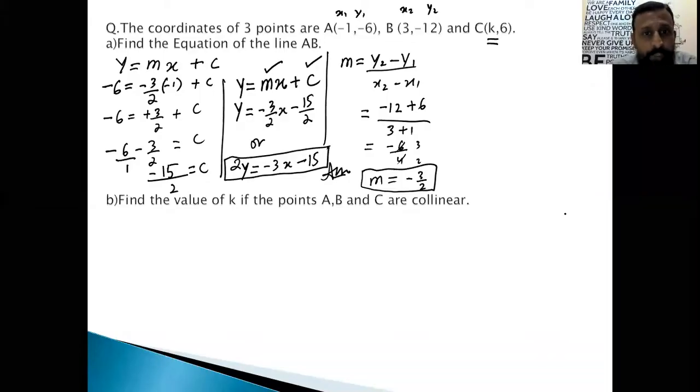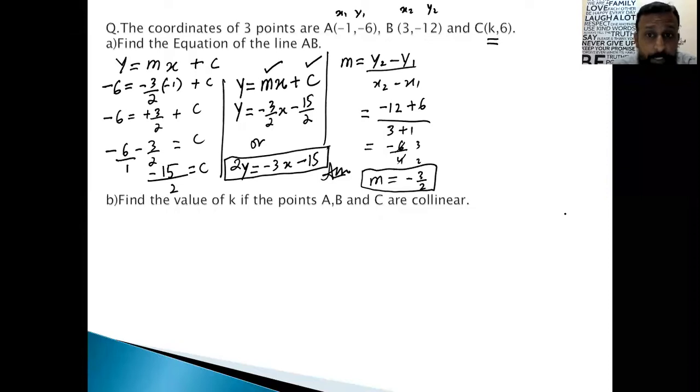So this is another part. Find the value of k if the points A, B, and C are collinear. Now remember, we spoke about this word collinear. What are collinear points? Collinear points are those points that lie on the same line.